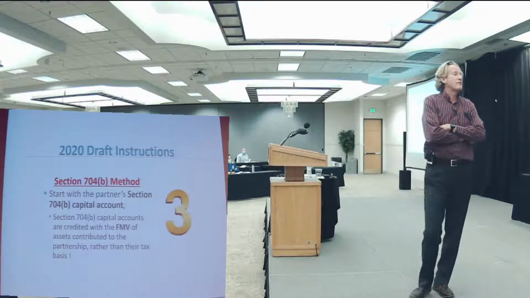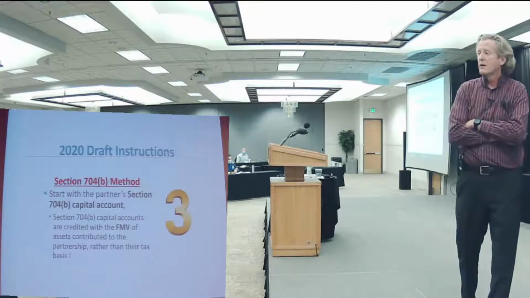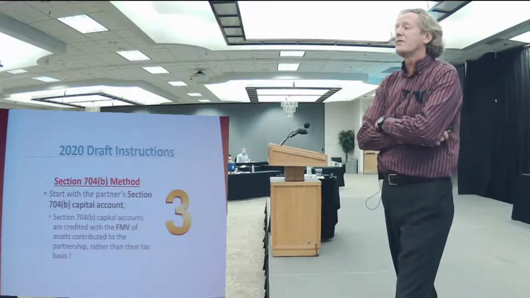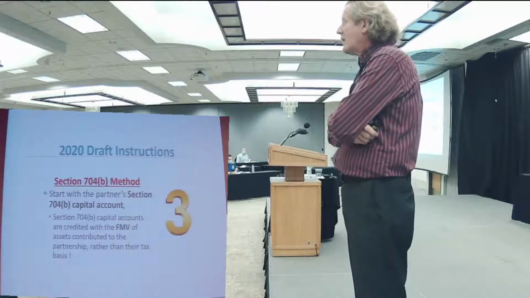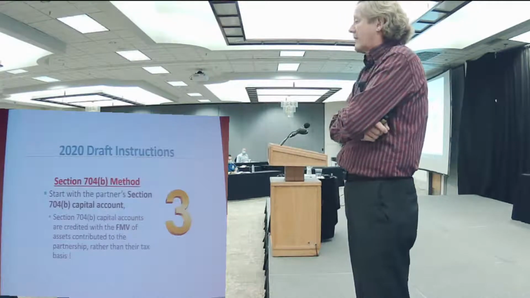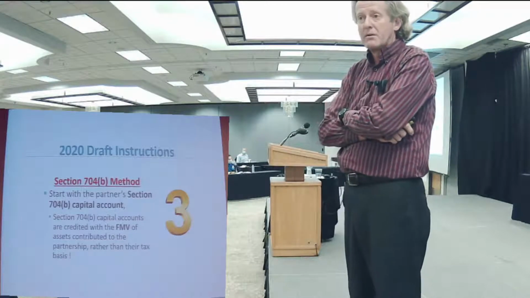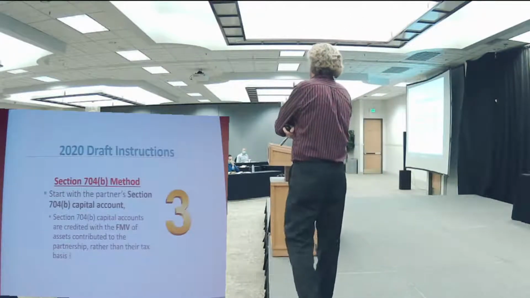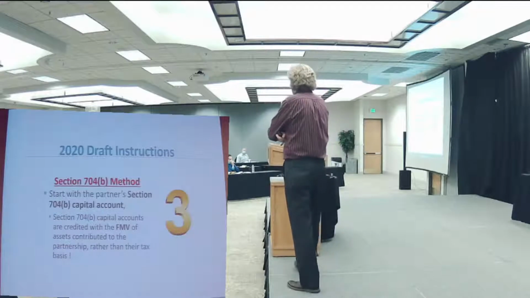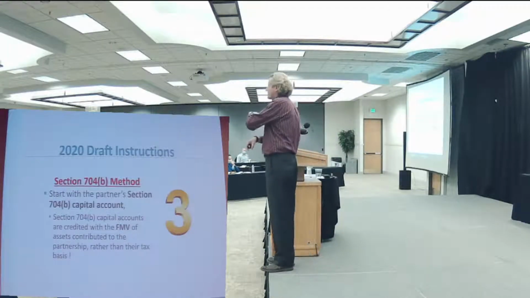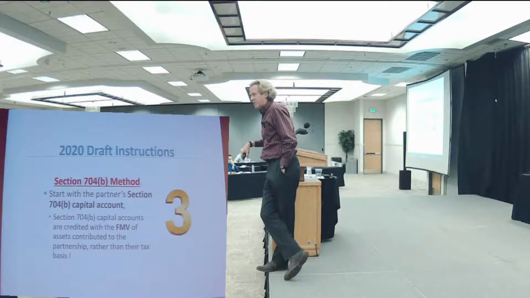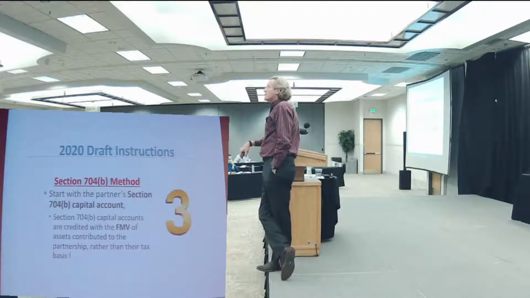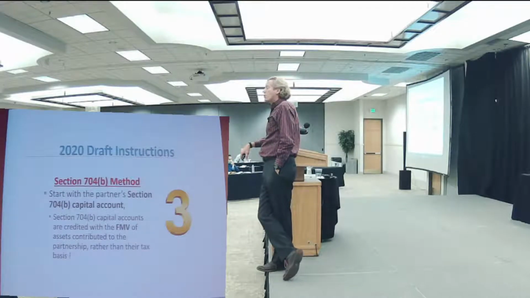Now, what makes a 704(b) capital account? Why is it different than tax? Because when we contribute assets, property to a partnership, it's reported for book financial purposes at its fair market value. You credit people's capital accounts and the assets on the balance sheet at fair market value. For tax basis, it gets reported, booked at its tax basis.